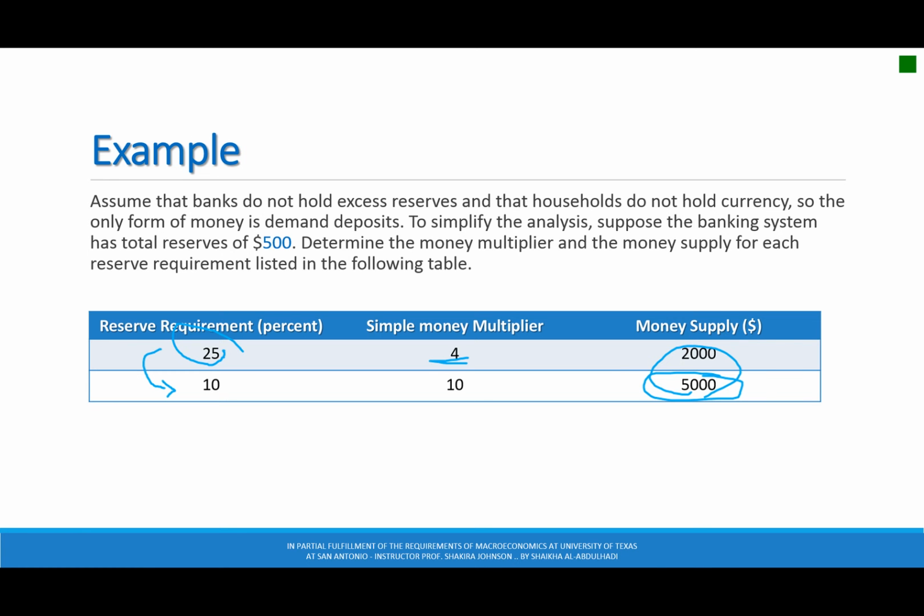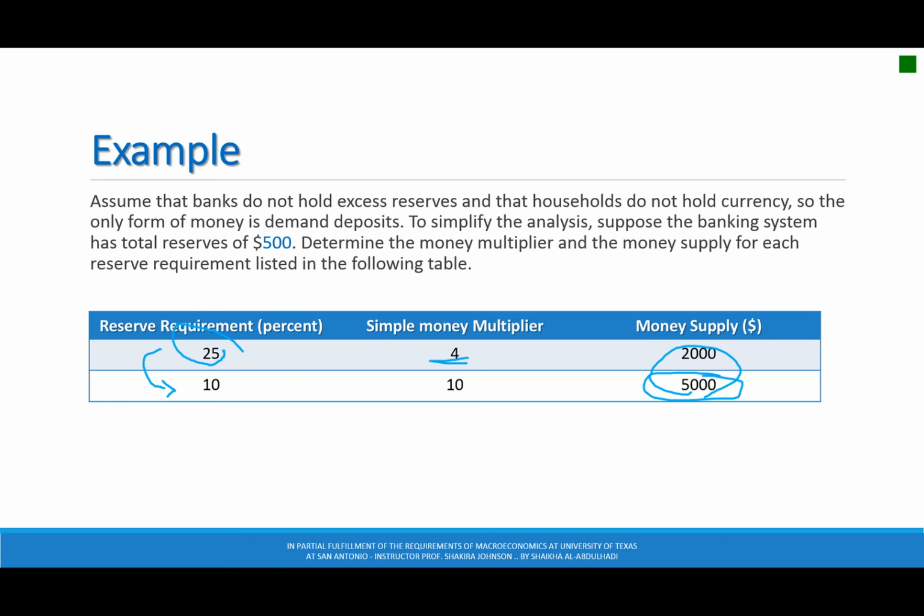When the multiplier is 4, the banking system with $500 in reserves can support $2,000, as 4 multiplied by 500 equals $2,000 in demand deposits. If the reserve requirement falls from 25% to 10%, the reserve ratio falls from a quarter to 1 over 10, and the multiplier rises from 4 to 10.